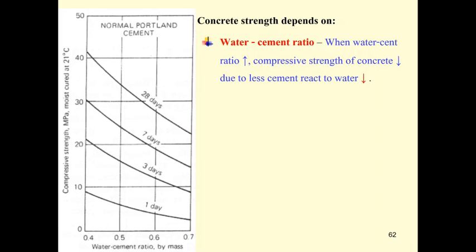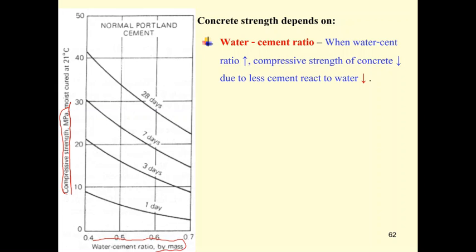Okay, if we consider more factors that affect the concrete strength, from this graph you have the compressive strength on the vertical axis, and also the water cement ratio.